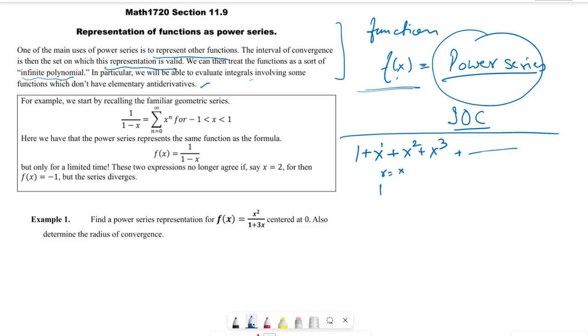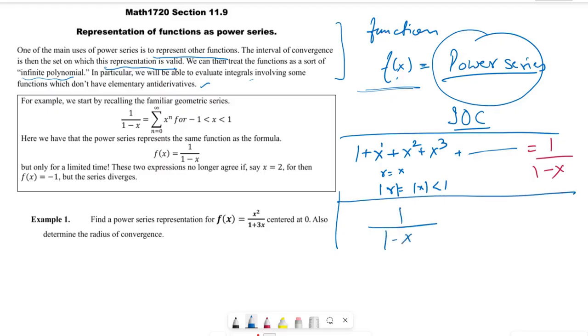It's convergent if the absolute value of r, which is the absolute value of x, is less than 1, and it can be summed as 1 by 1 minus x using the formula a by 1 minus r, right? Now the same equation is true if I write it in reverse: 1 by 1 minus x is equal to 1 plus x plus x squared plus x cubed plus so on.